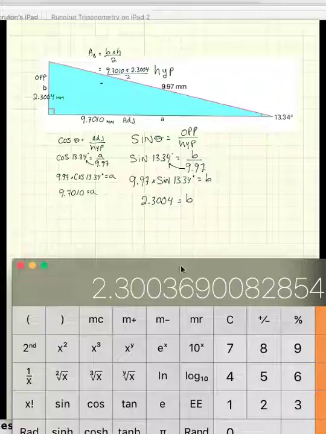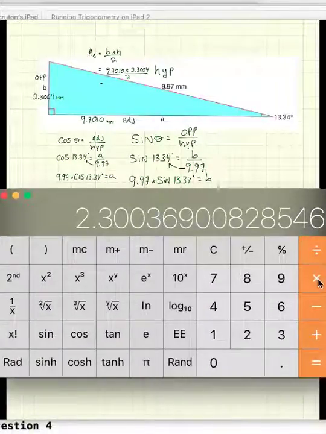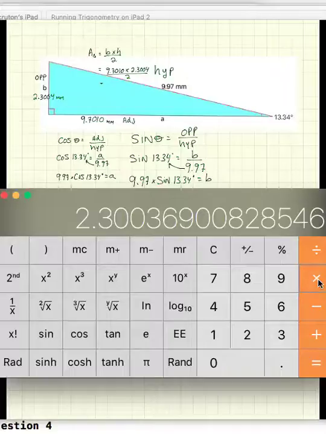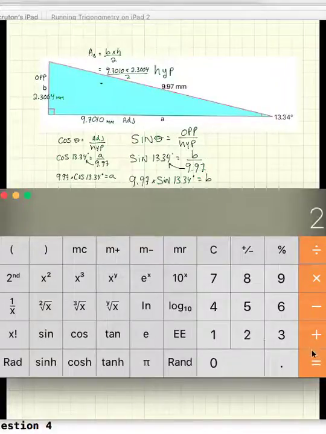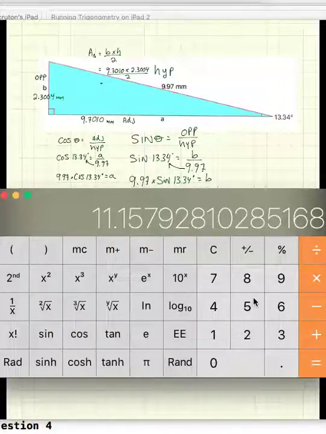Okay, so this number times the number that we put in memory, 9.701, and then divide that by 2 is equal to 11.1579 millimeters squared.